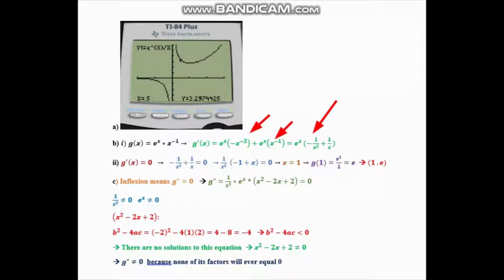So instead of x to the power of -2, it became 1 over x to the power of 2. Instead of x to the power of -1, it became 1 over x. So this is my g dash of x. This is my derivative function. The reason why I did that is because this format shall help me solve the next question with more ease. So let's take a look.